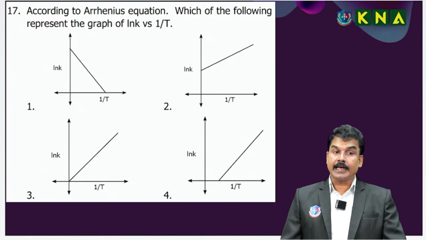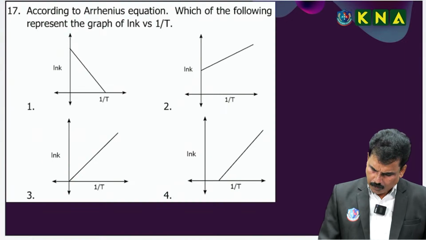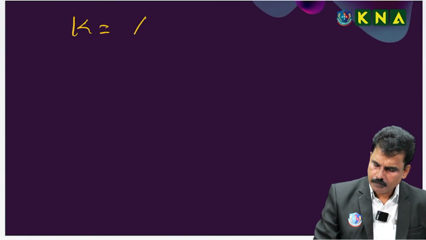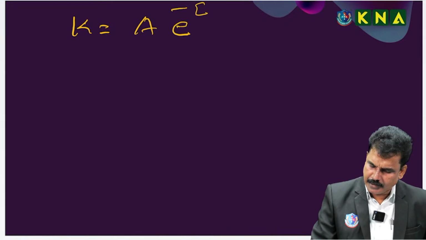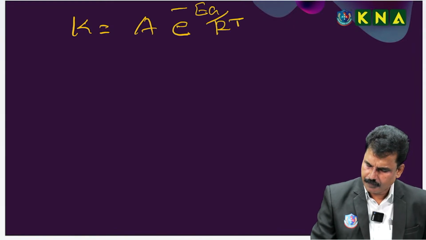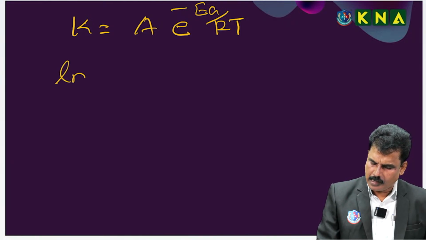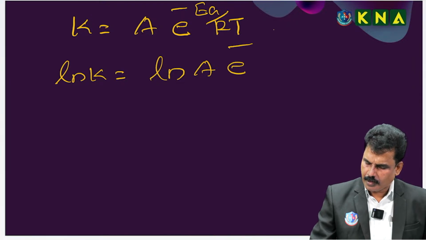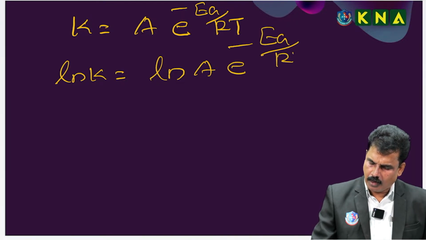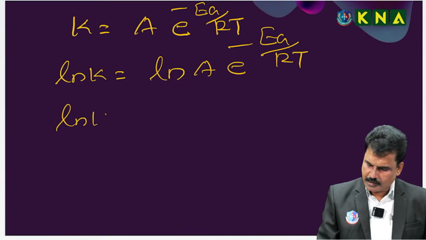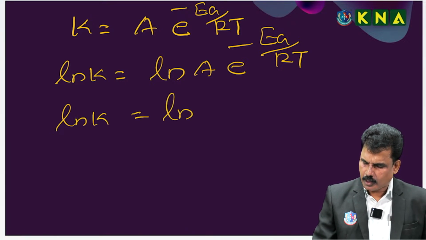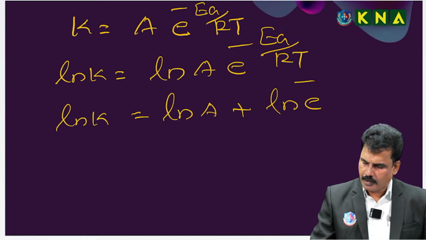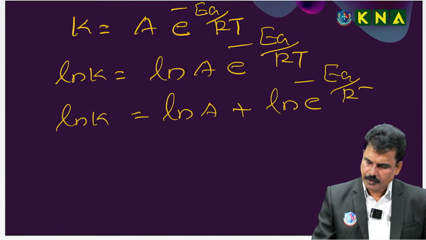According to Arrhenius equation. Okay. What is Arrhenius equation? K is equal to A e power minus Ea by RT. Taking log on both sides, ln K is equal to ln of A e power minus Ea by RT. That is, ln K is equal to ln A plus ln e power minus Ea by RT.